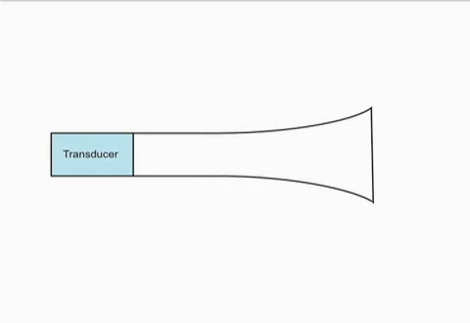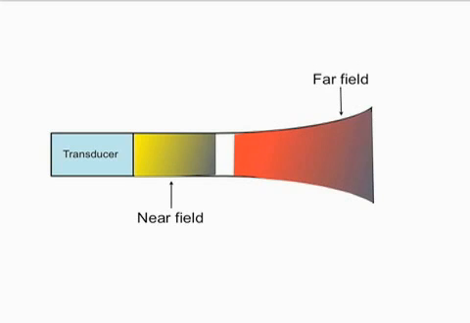Here's an example of a prototypical unfocused ultrasound beam. This unfocused ultrasound beam has a near field indicated here in yellow and a far field indicated in red. The focal zone indicated by green is the space between the near field and the far field.